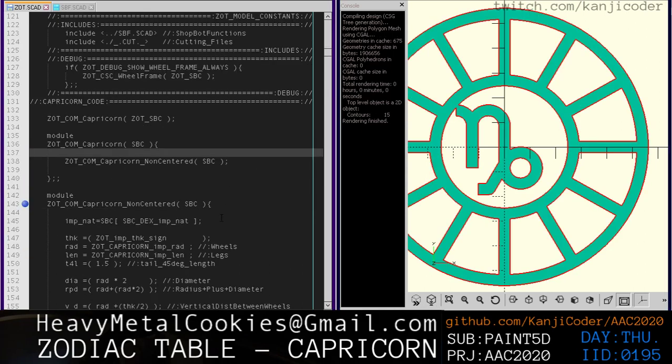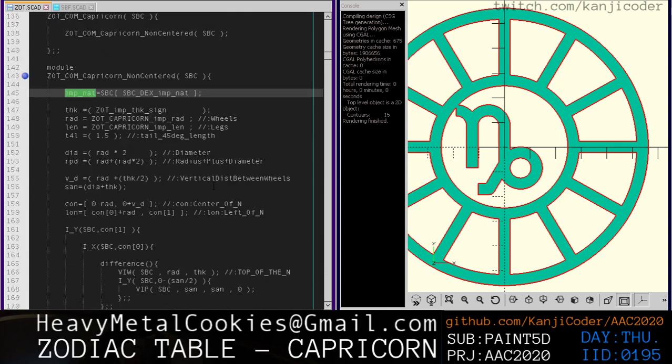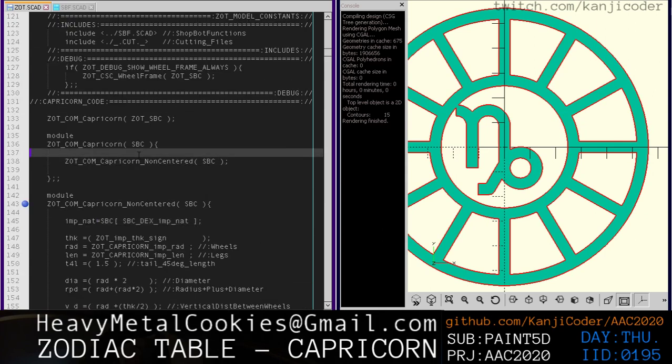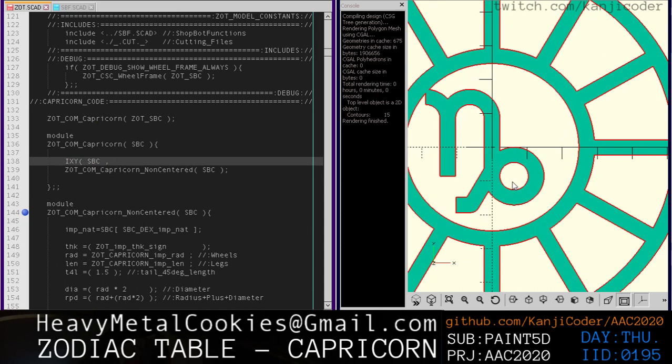For doing that, first of all, I don't think we ever used imp native, did we? Let's not worry about it. So, inch IXY, SBC, what do we want here? I'm thinking that we're pretty good here. It'd be nice if we just could move this over to the right a little bit.